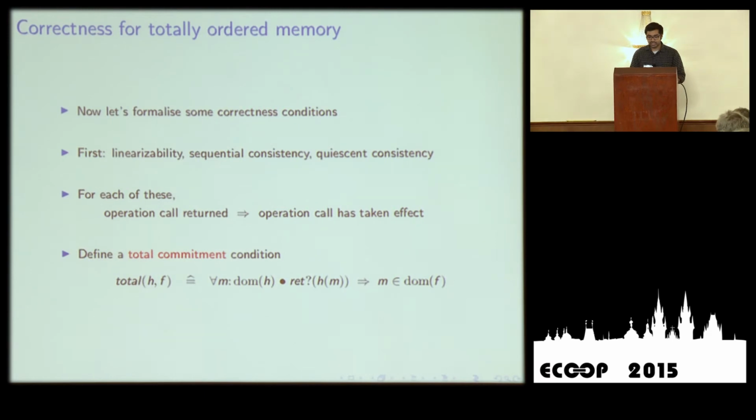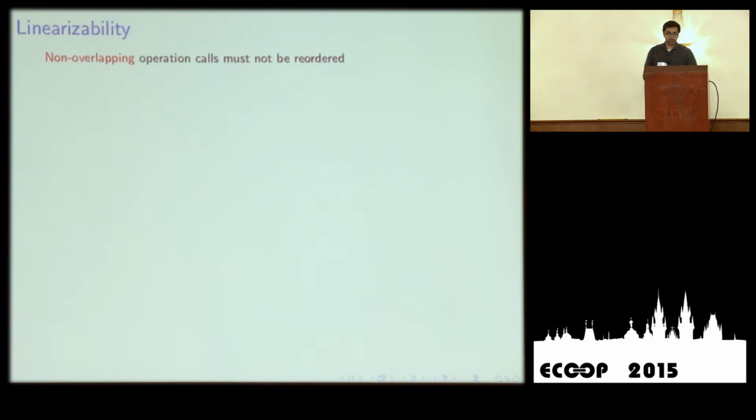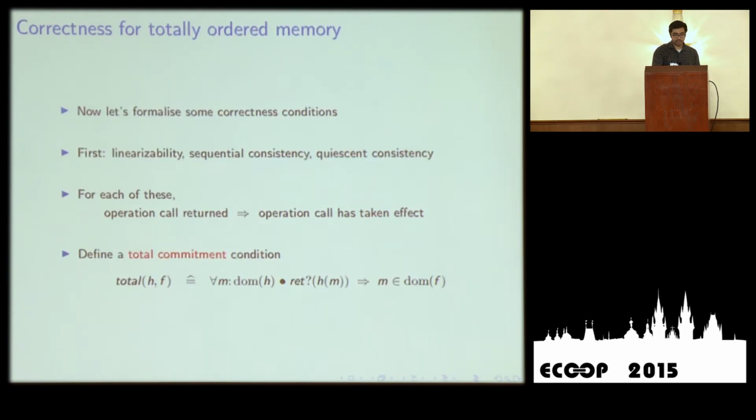It says that for everything in the concurrent history H, if an event has returned, then that index must be in the mapping function, so it must be mapped to some sequential operation. That is the common thing between linearizability, sequential consistency, and quiescent consistency.